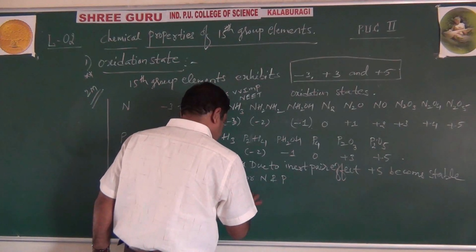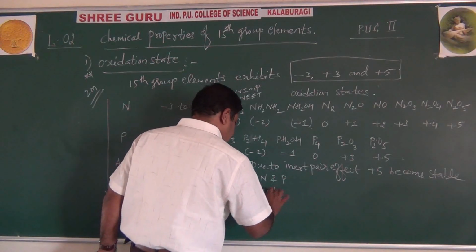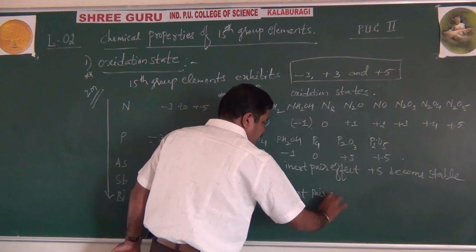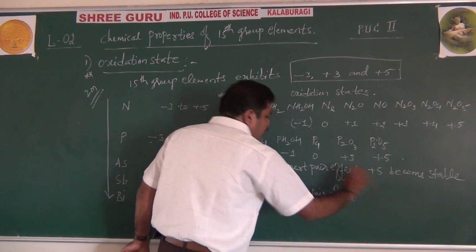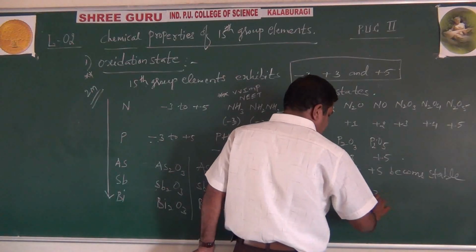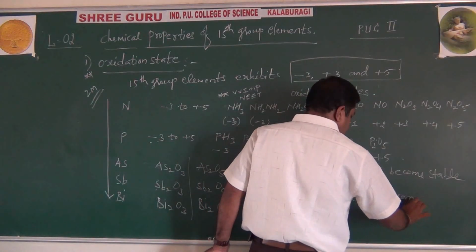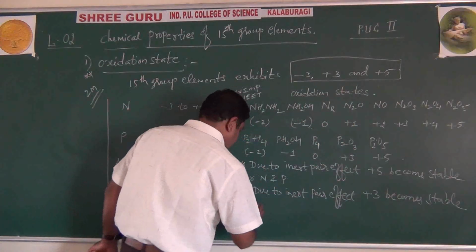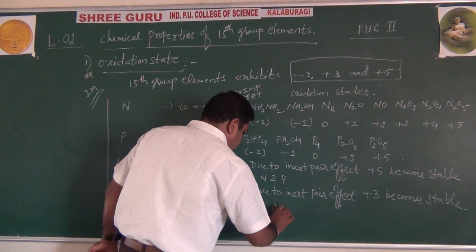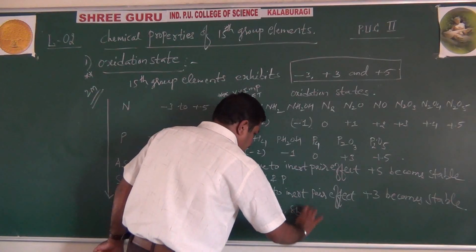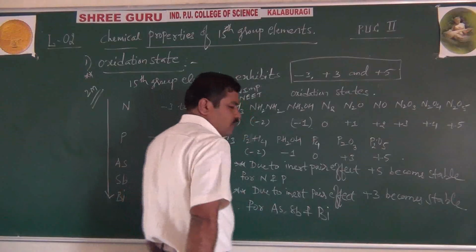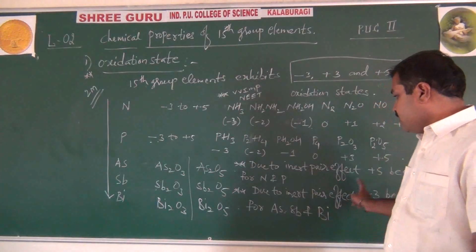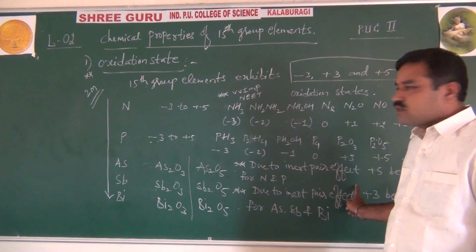Next, due to the inert pair effect, +3 becomes stable for arsenic, antimony and bismuth. Why? Due to the inert pair effect. This is very important for NEET purpose.